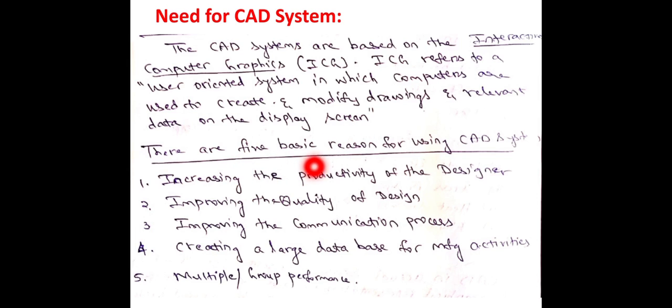There are 5 basic reasons for using a CAD system: increasing the productivity of the designer, improving the quality of design, improving the communication process, creating a large database for manufacturing activities, and multiple or group performance. Multiple or group performance means many people can be involved in the work in parallel.